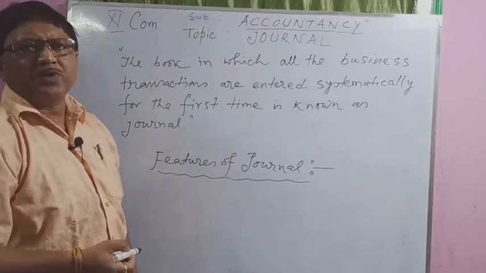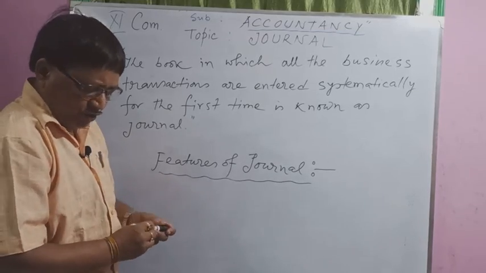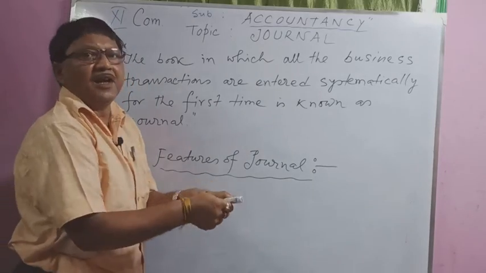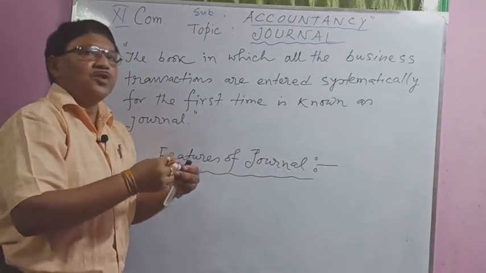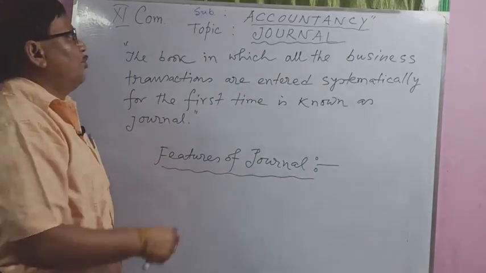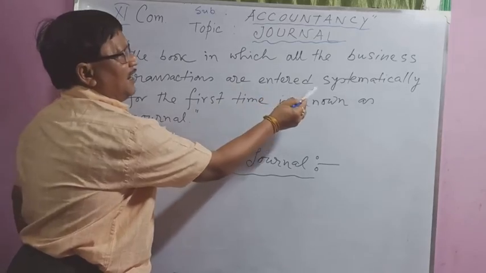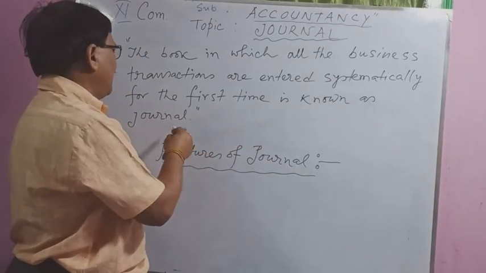Before starting the journal, many rules of debit and credit were discussed in earlier topics. Now, first, what do you mean by journal? The book in which all the business transactions are entered systematically for the first time is known as journal.